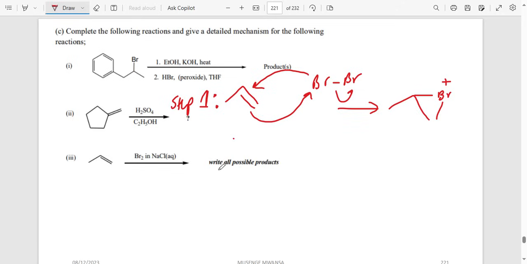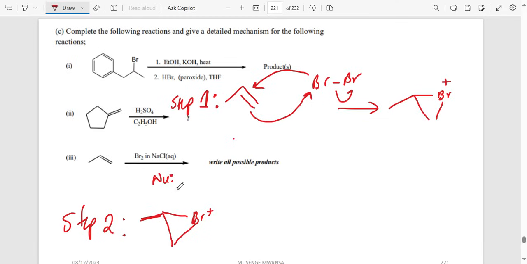Okay. Now for this one, they've said write all possible products. The next step, step two, will depend on what you are going to use. So the same product that we have formed here, look at what we have. This one. Just like the previous one that we talked about, we are going to have your nucleophile.